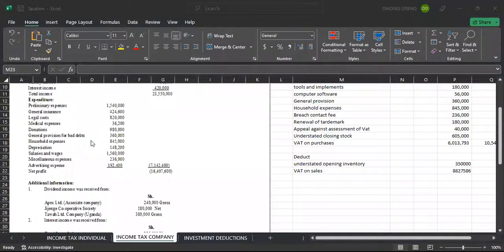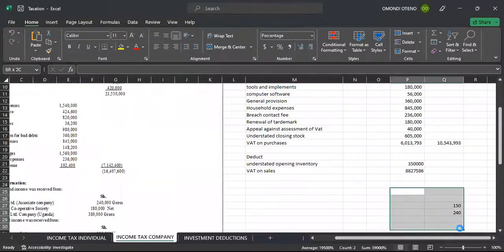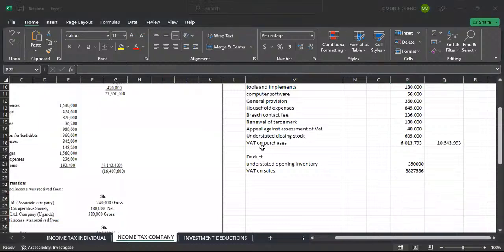Another item. Some people are asking me about the photocopying machine. On VAT, we said VAT on both purchases and sales is not supposed to be recognized as sales, and also not supposed to be recognized as expenses.